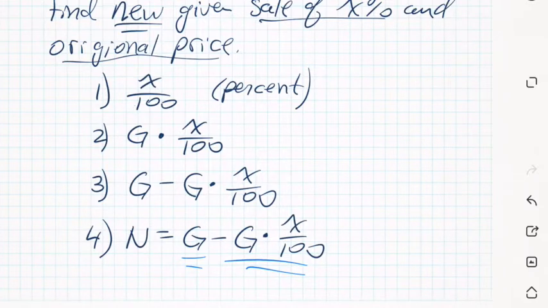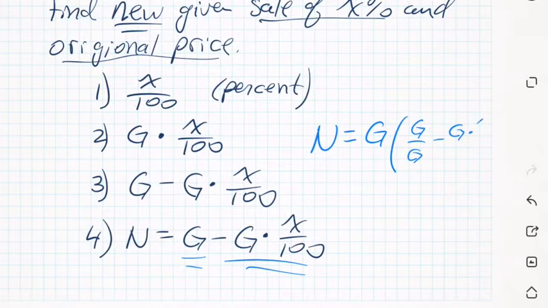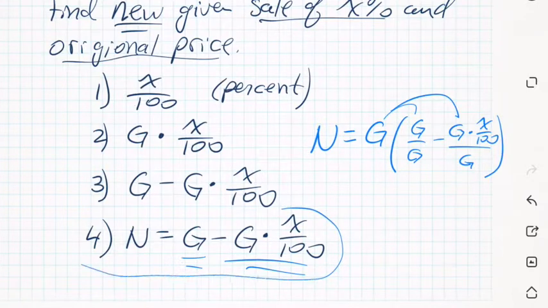So what I'm going to do is rewrite this as N equals, and I'm going to kick out the G. Now when I kick out the G, I'm going to divide by it. So I'm going to get inside G divided by G minus G times X over 100 divided by G. If I distributed it back out, the G's would cancel, and we'd be back to this expression.